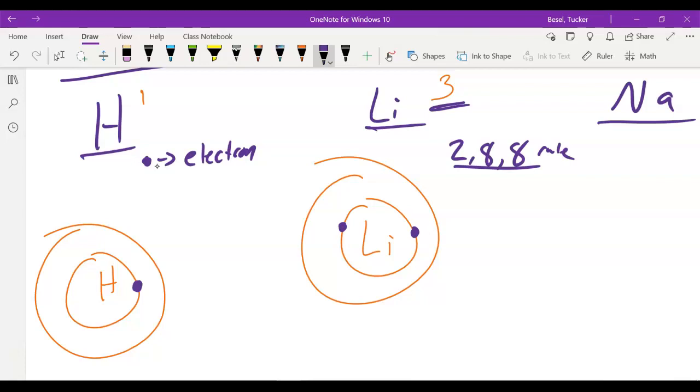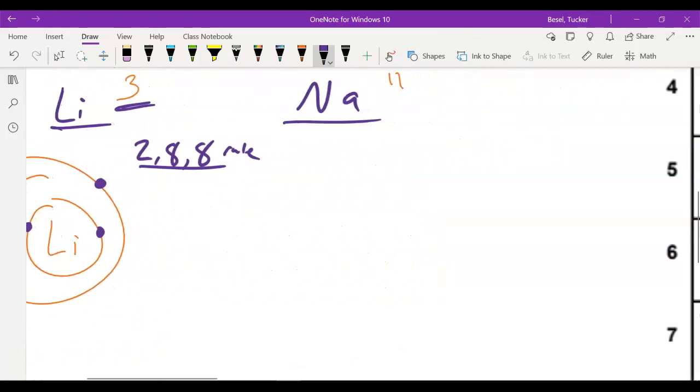In this case, these two fill up the first energy level, so I have to go to the next energy level. So 2 in the first, and then the next one goes in the next energy level.